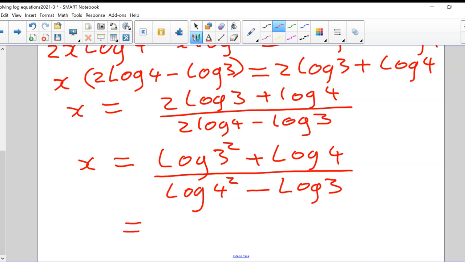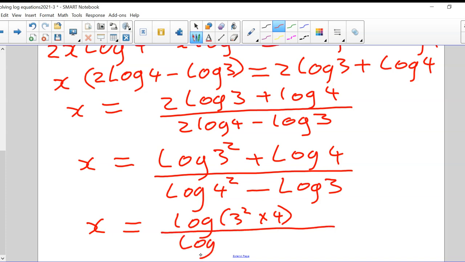Remember, the log of a product is equal to the sum of the logs. So that x could be the log of 3 squared times 4 over the log of 4 squared divided by 3.